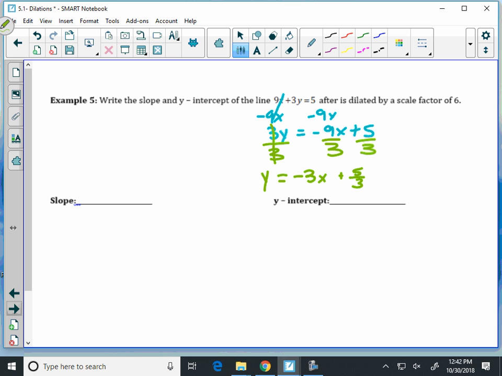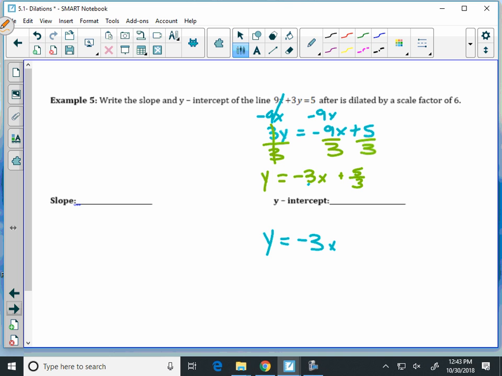Let's write the new equation. y equals, what's the slope of our new equation going to be? Negative 3. Yes, the slopes don't change. Whatever the slope of the old equation is, that's what the slope of the new equation is going to be. And then what did we say we do with the y-intercept to find our new b? Times it by the scale factor.